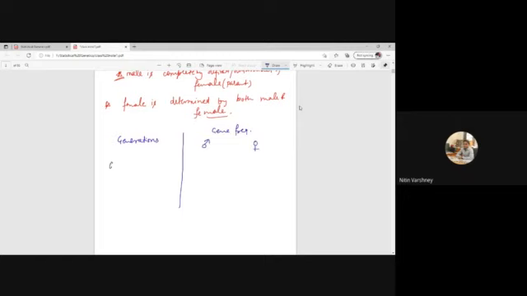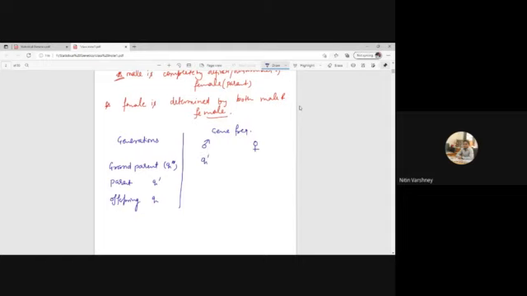Now if I consider the first generation as grandparent, don't confuse with P and Q. I am just replacing it with Q double prime for grandparent, and this is for parent, that is Q prime, and for offspring, that is Q. So this is male.